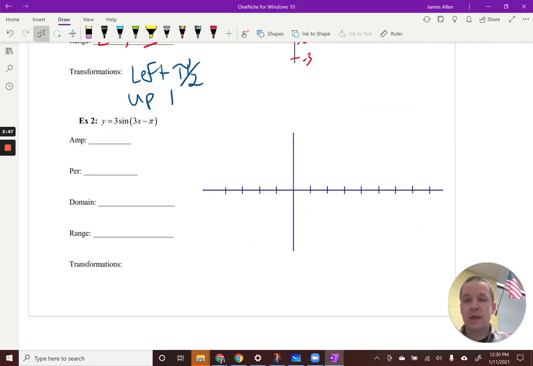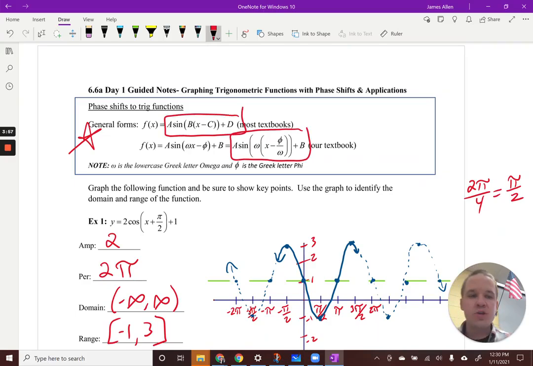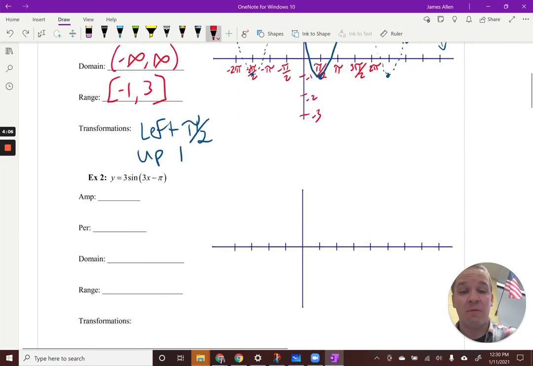Cool. All right, for this next one, you're going to notice that inside the parentheses we have 3x minus pi. In these two forms, notice how you have that factored aspect going on inside the sine function, or it could be a cosine function, but it's factored out. We need to do that before addressing our phase shift.